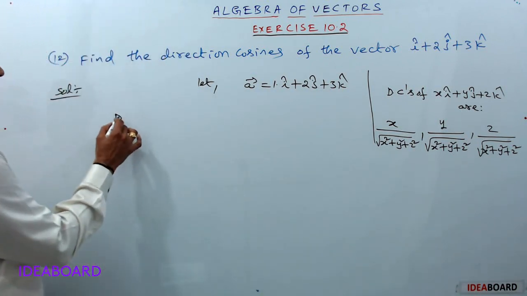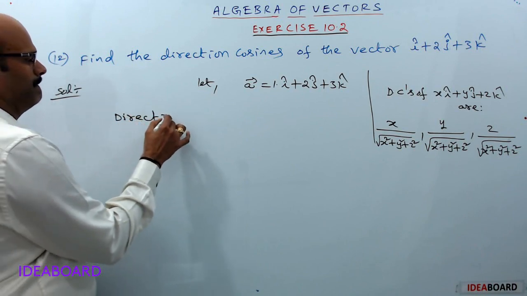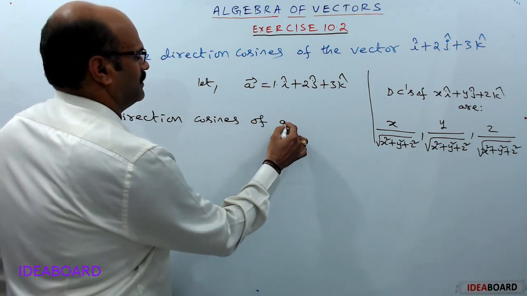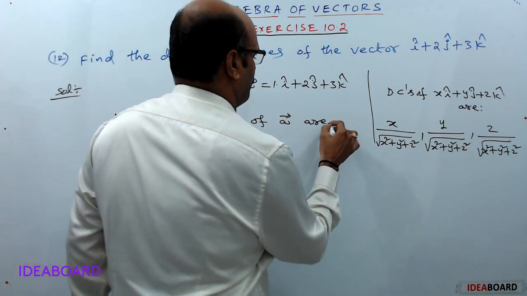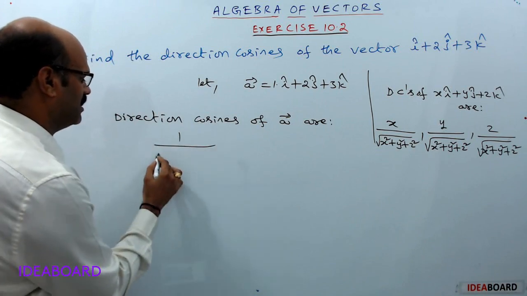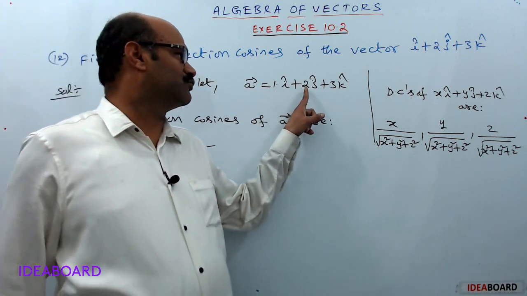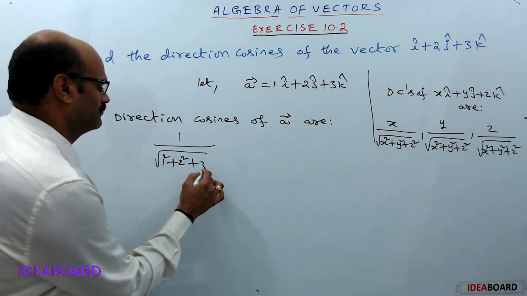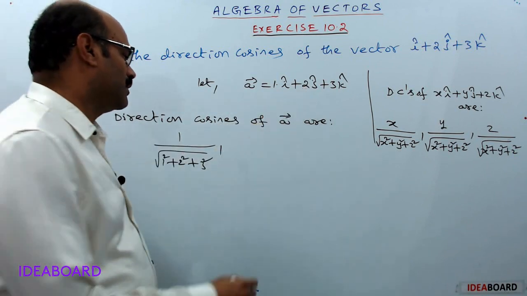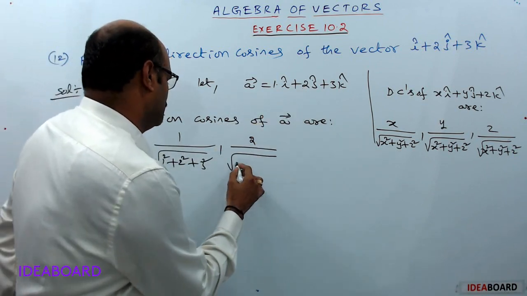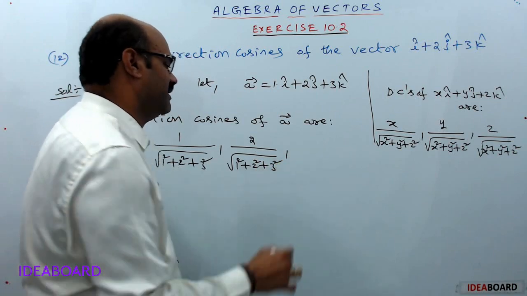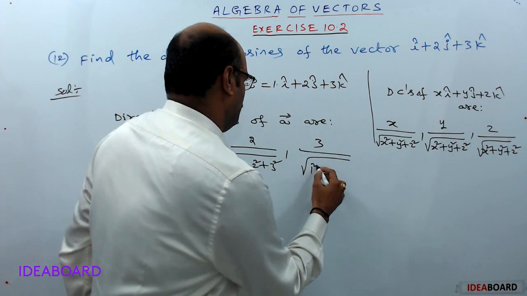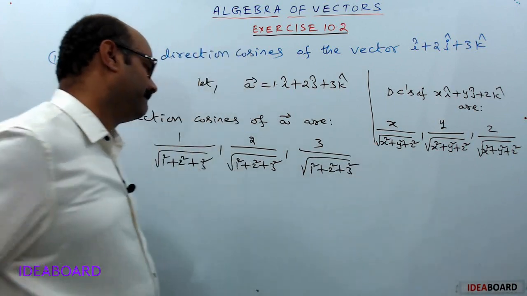So, direction cosines of a vector are 1 upon square root of 1 square plus 2 square plus 3 square, comma, 2 upon square root of 1 square plus 2 square plus 3 square, comma, 3 upon square root of 1 square plus 2 square plus 3 square.